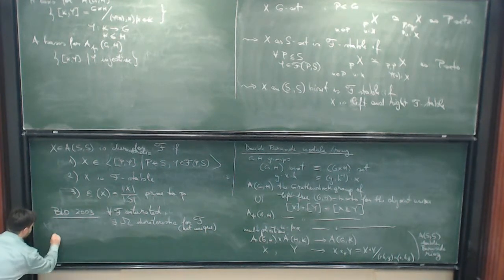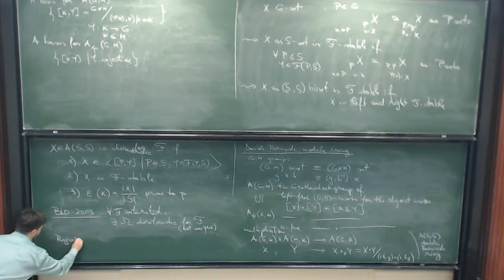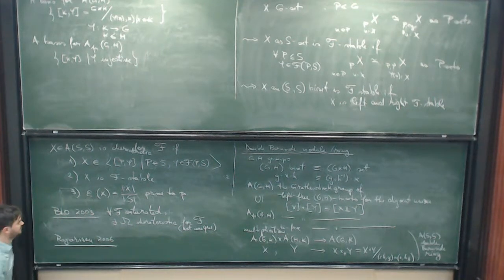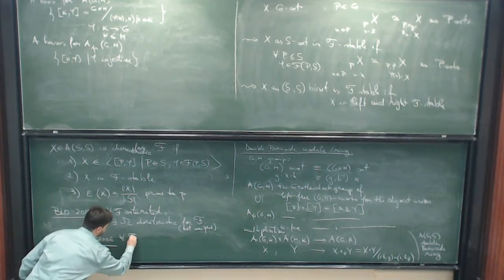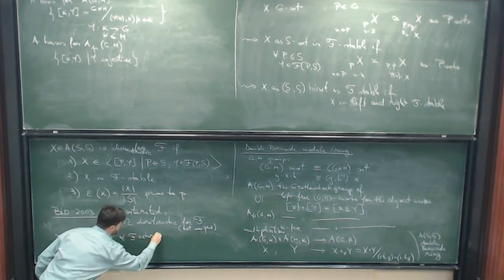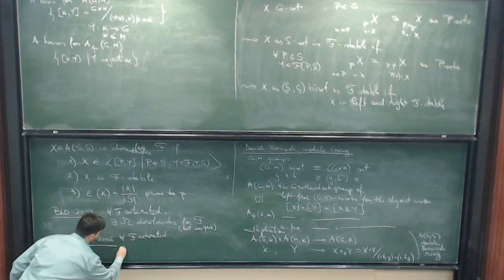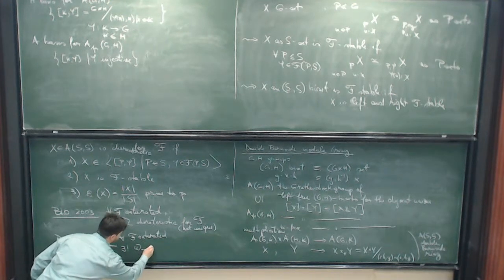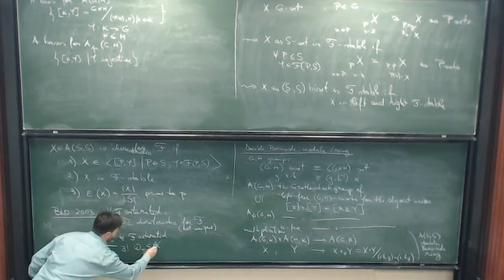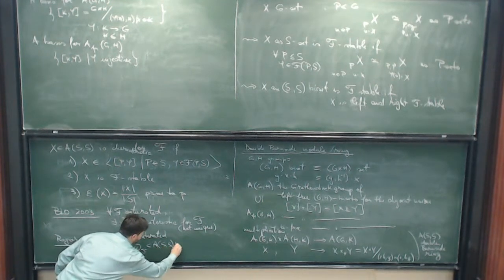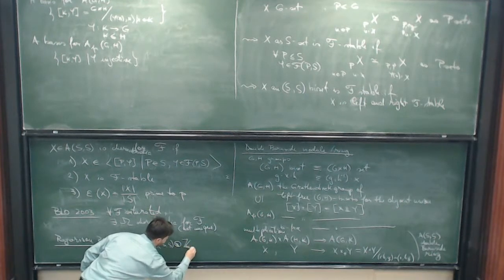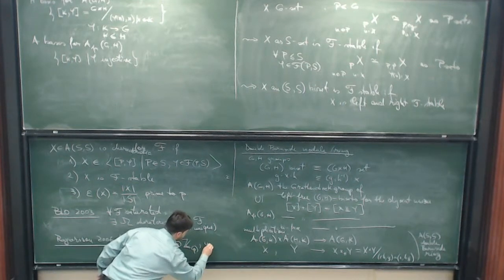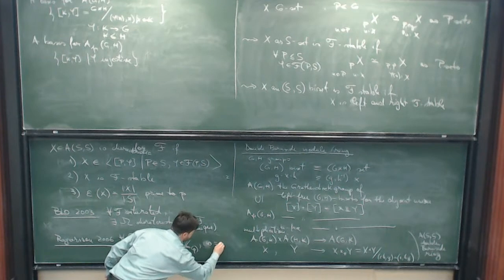Later, Ragnarsson in 2006 says that for all F saturated, there exists a unique element in the Grothendieck, in the Burnside ring, where we allow local coefficients, that is, I didn't explain what this is, but that is symmetric.